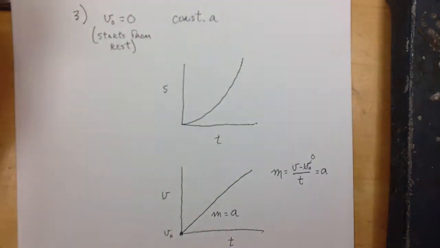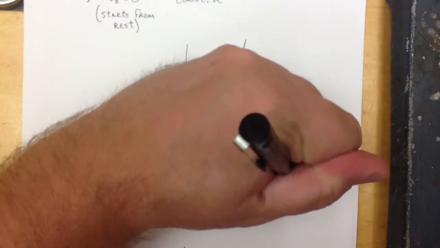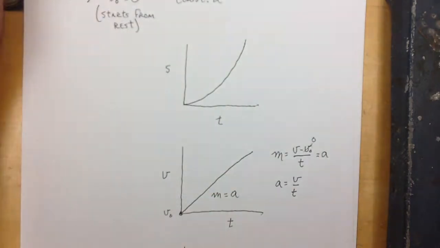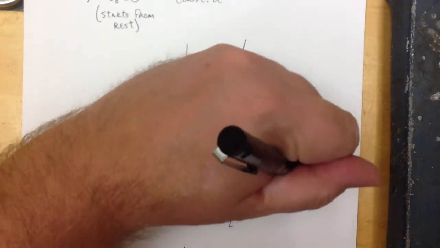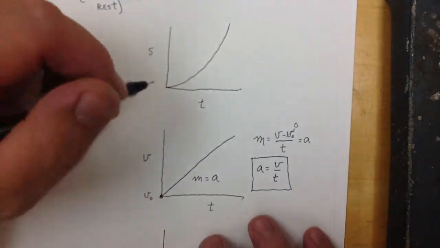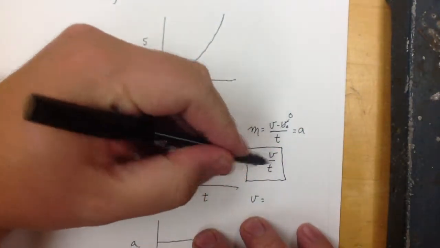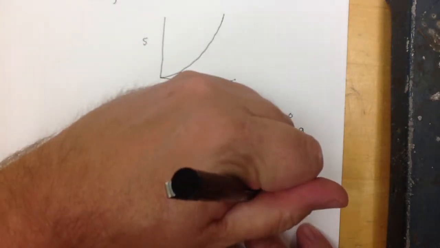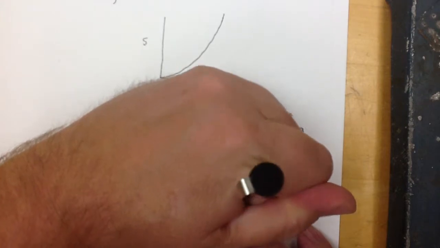And this is all equal to the acceleration. So our first equation that we derive here is a equals v over t. That's our first equation. We can also rearrange this and get an equation for velocity. If we multiply both sides by t, we get velocity equals constant acceleration times time.